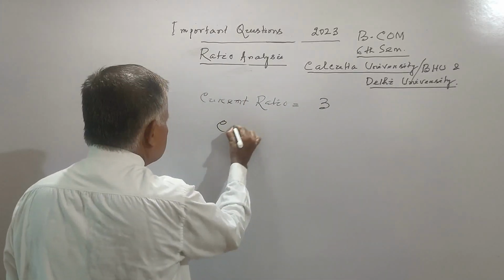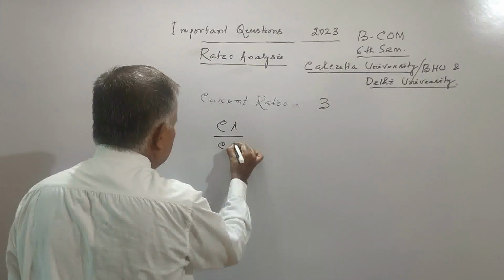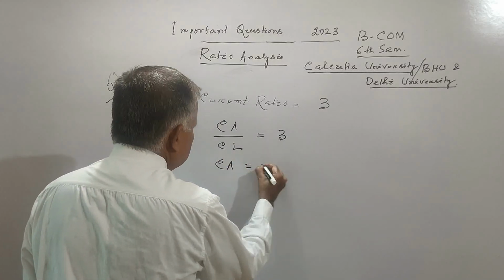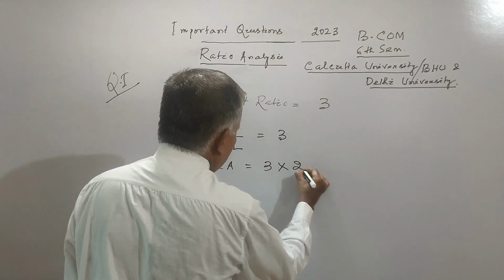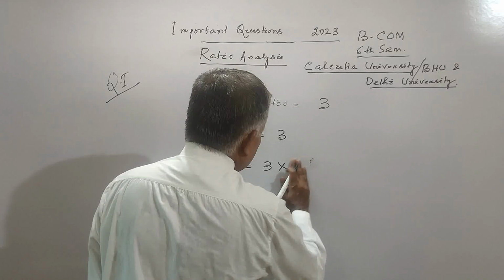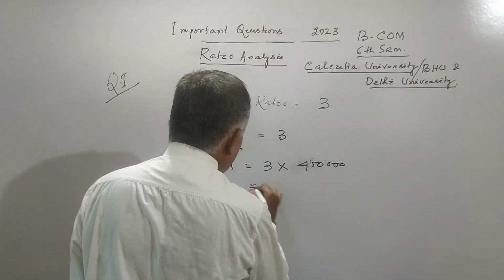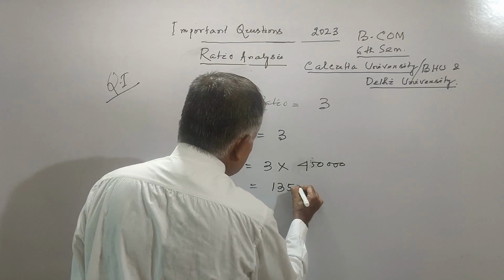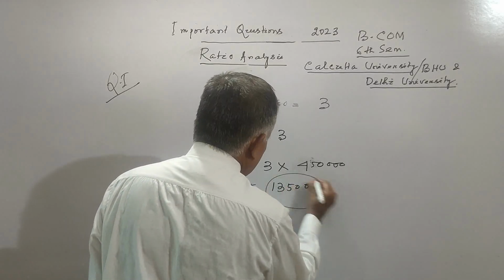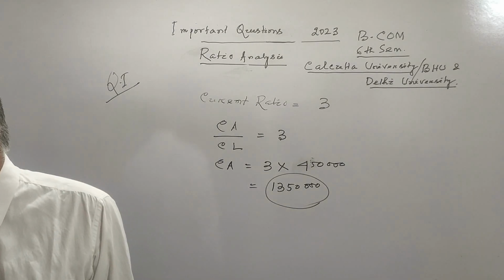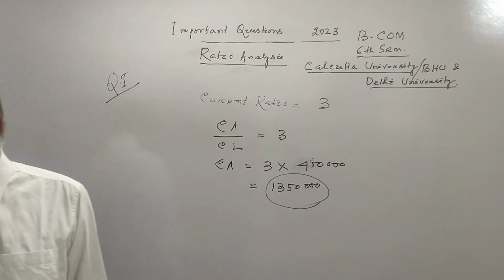Current ratio is CA divided by CL equal to 3. So CA is equal to 3 into current liability, 4,50,000. It comes to 13,50,000, that is your current asset.